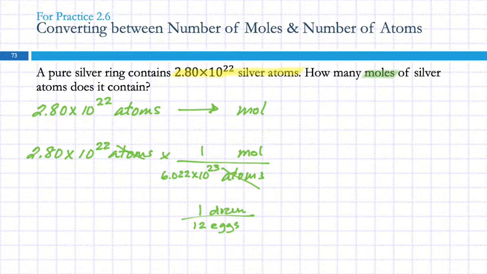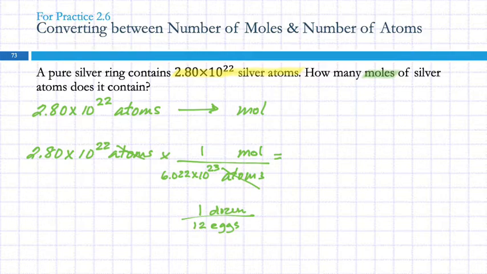So be sure to get your calculator out. Avogadro's number is one of the reasons that we have to know how to use scientific notation on our calculators, because you can't type that number in decimal form. I've never met a calculator that can do that.